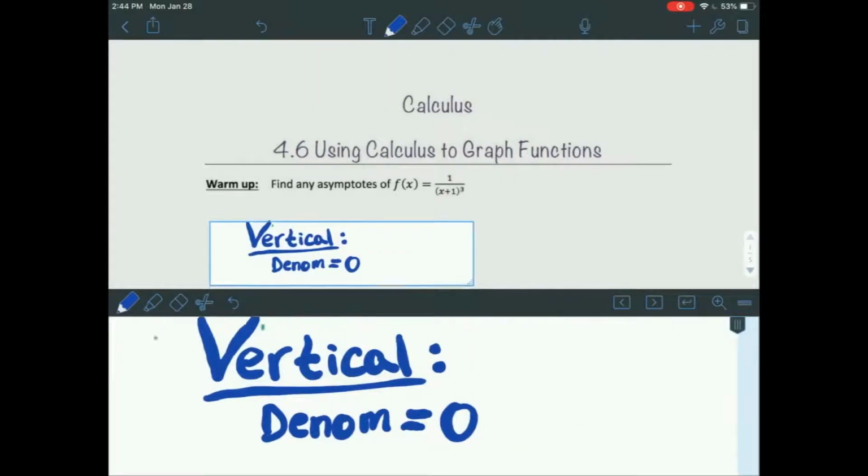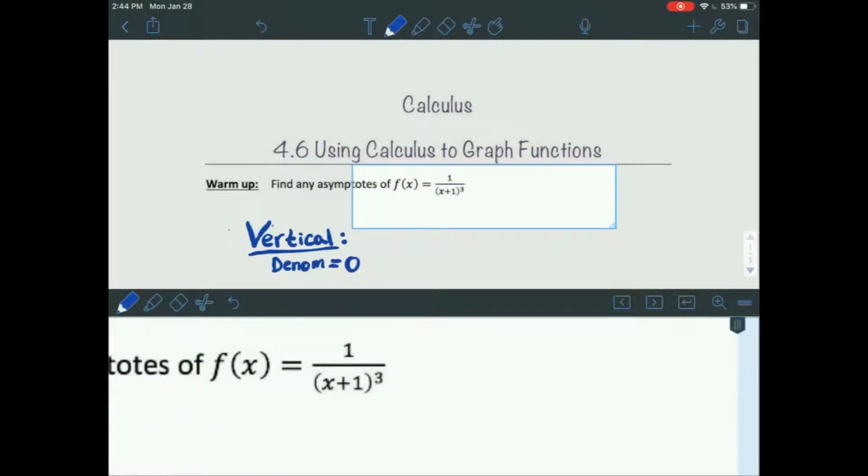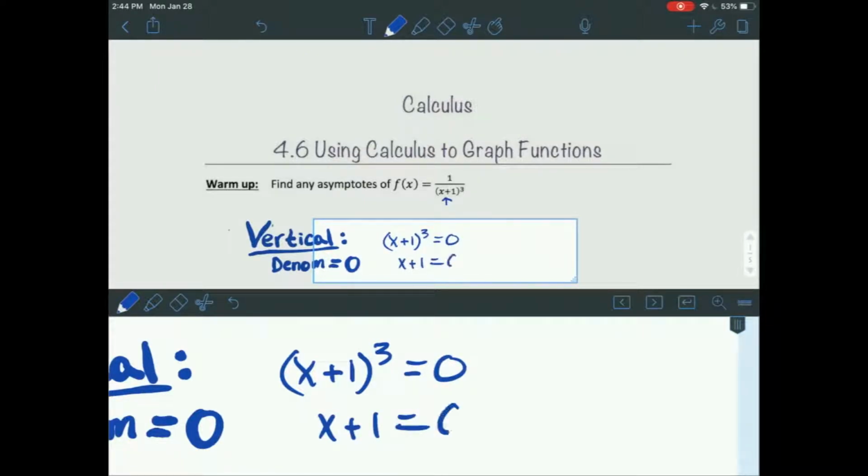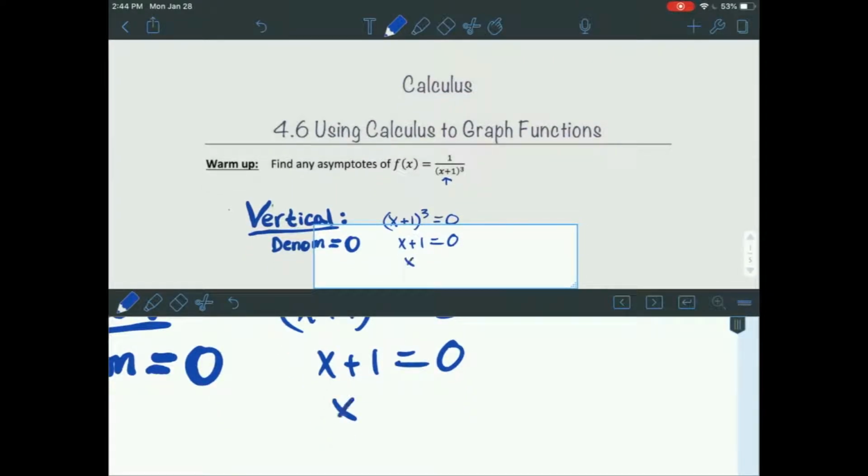So if you look at this one, if I set my denominator equal to 0 and do some solving, cube root of 0 would still be 0. I'd end up with x equals -1 making my denominator equal to 0. So my function can't ever pass through any points with an x-coordinate of -1. So we've got a vertical asymptote with an equation of x equals -1.